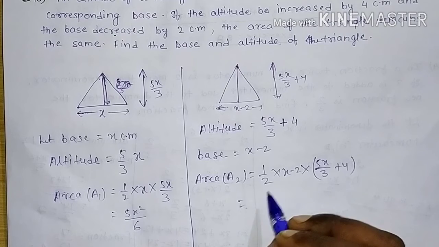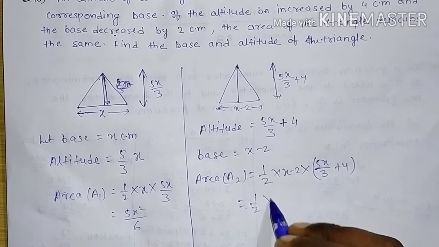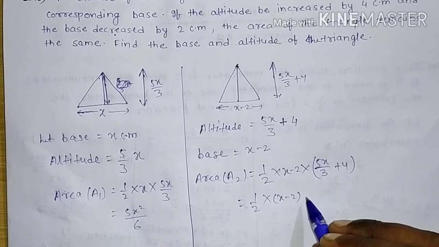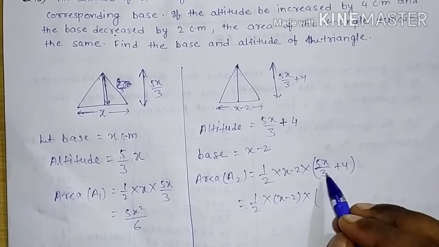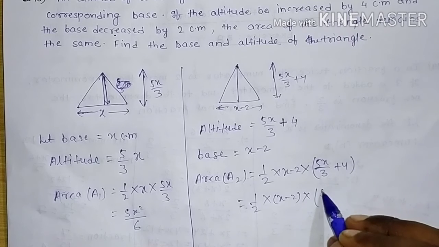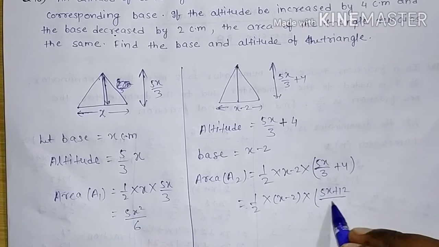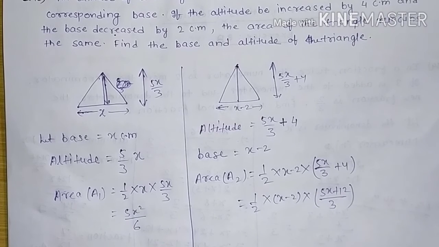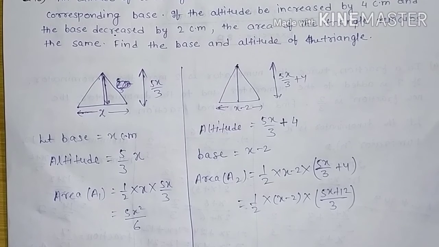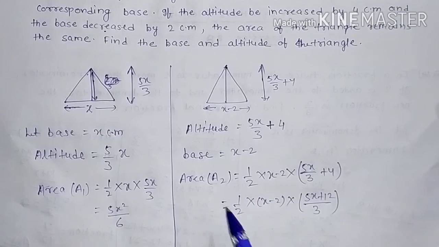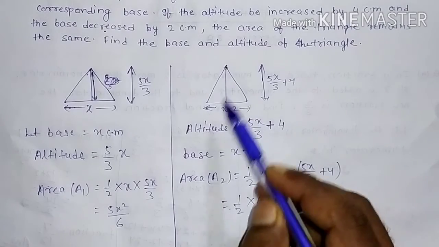Now just simplify it. So half into x minus 2 into, 3 4s are 12, so 5x plus 12 divided by 3. Now this is the area of the second triangle.